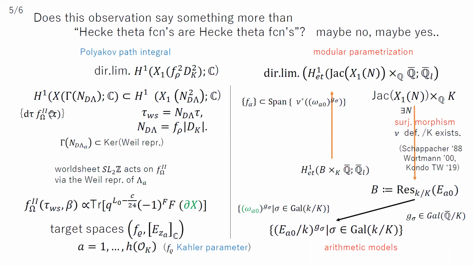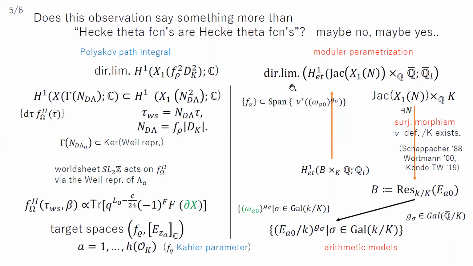So this combination can be regarded as the one form well-defined over the modular curve of this type. The worldsheet coordinate has been rescaled in that way by the level of the quadratic form. And the one form on the modular curve can be regarded as the one form on the Jacobian of it. So that's fine. This is kind of the same space. But on this side, it has to be labeled by the Kähler parameters. Those spaces form a family labeled by the Kähler parameters or the level of the congruence subgroup.